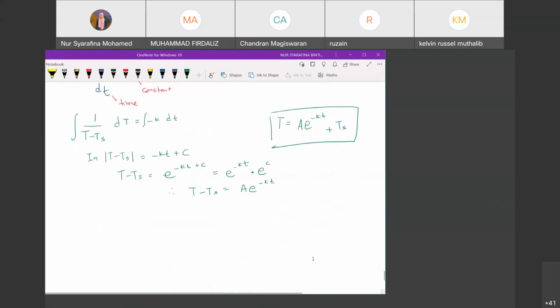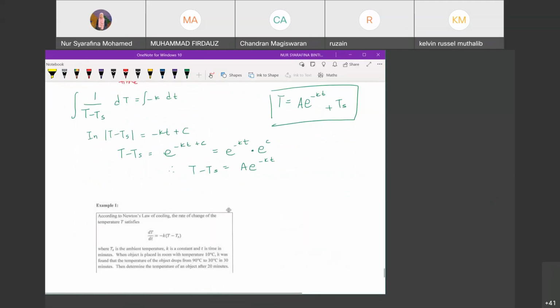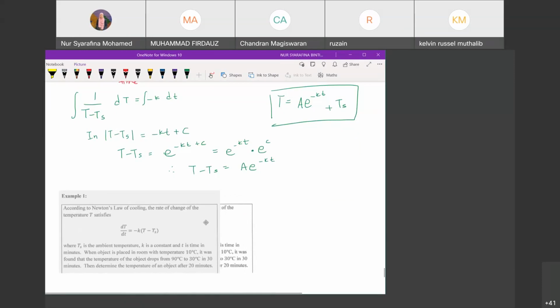Okay, by looking at this application, why don't we try this example? According to Newton's law of cooling, the rate of change of the temperature, where temperature changes with time, is defined by dT over dt, satisfying the condition of Newton's law of cooling, where Ts is the ambient temperature, k is a constant, and t is time in minutes.